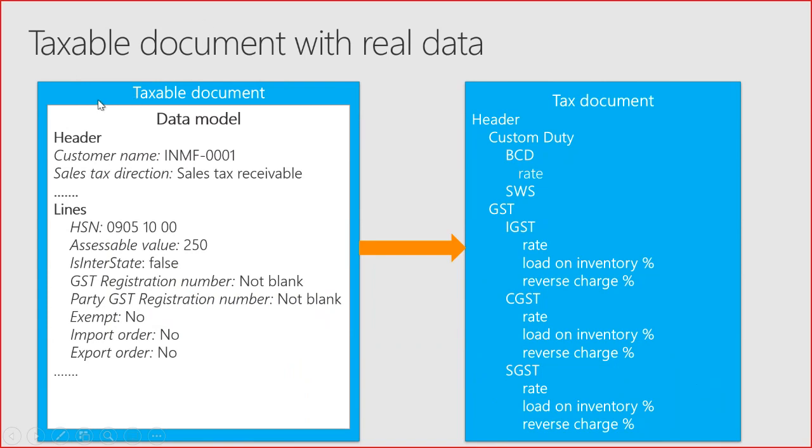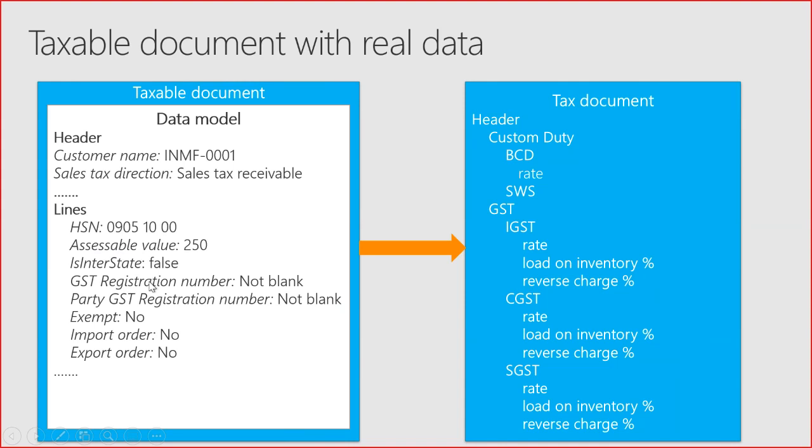And in the end, from GTE perspective, you will have a taxable document with a data model with all the real data the GTE gets from the source document like sales order, right? So like what I showed here, we have customer name, IMMF 0001. We have sales direction, we have HSN, we have accessible value.